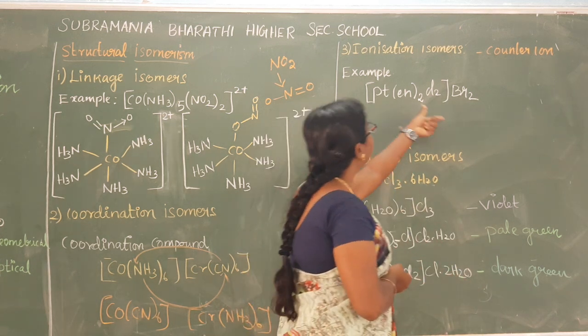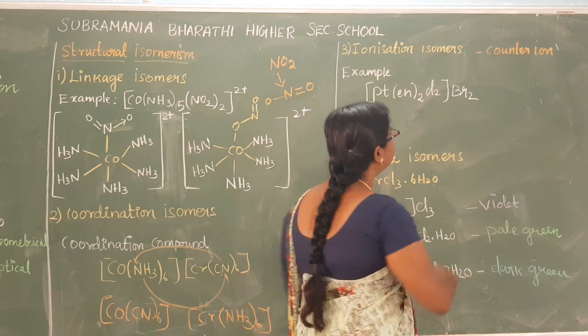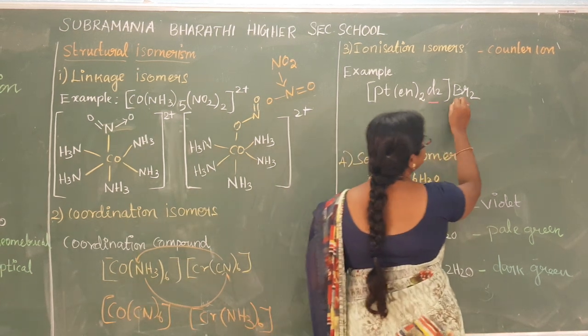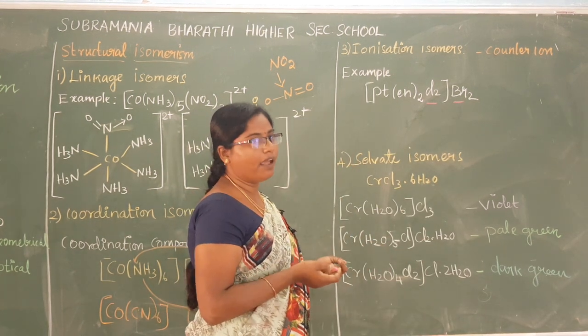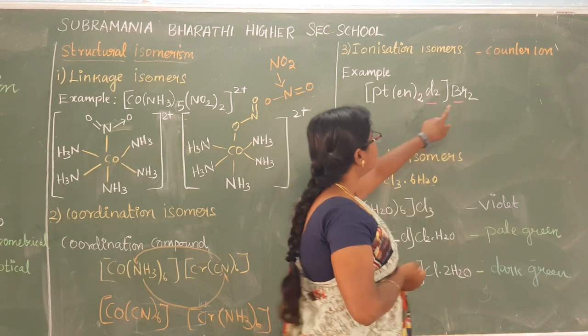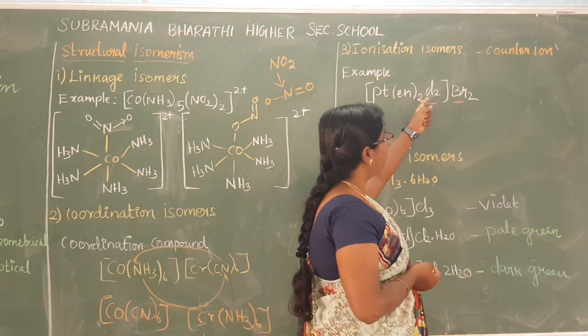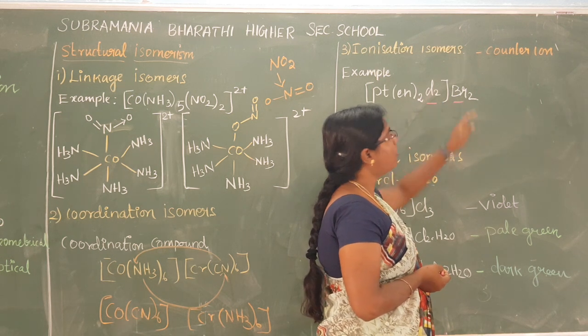In this case, this is the example they have given. This is the coordination complex. Here this chlorine as well as bromine will be acting as a counter ion, which means the simple ion. It can also act as a ligand. So in the place of chlorine, bromine also can come, and in the place of bromine, chlorine also can come.